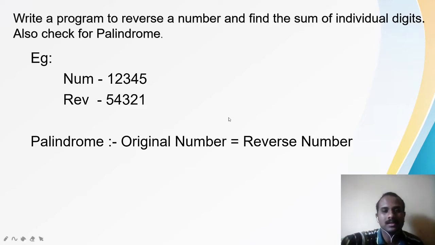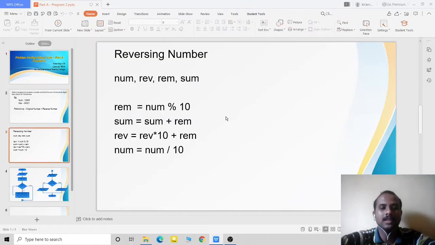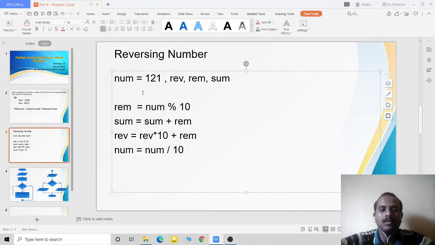So let us take one example and try to solve it so that you will understand it better. Let me take the number 1 2 3. Then how to calculate the sum and how to reverse the number?